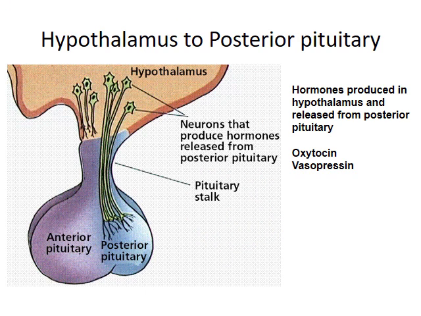Contrast that with the posterior pituitary, where the neurons in the hypothalamus go all the way down into the posterior pituitary. And oxytocin, vasopressin, ADH are released directly from those axons, those stalks.